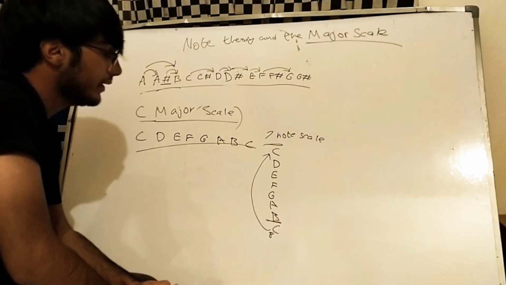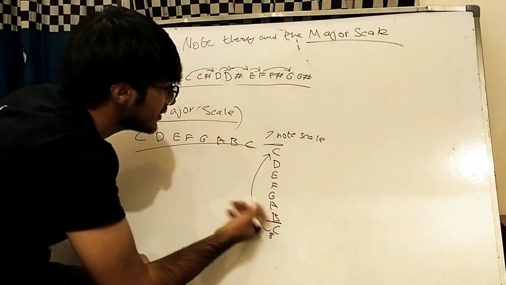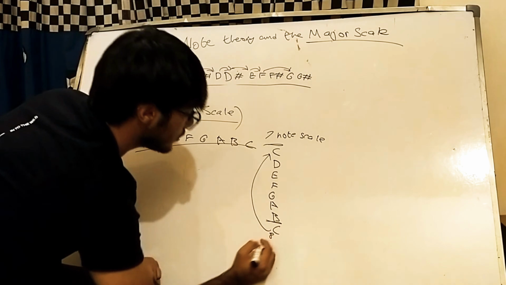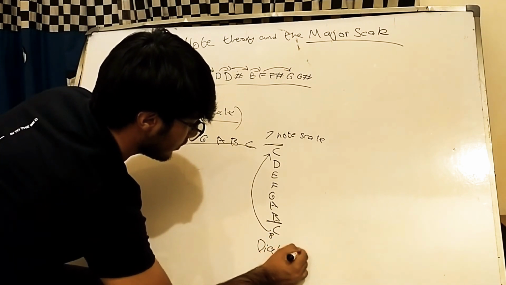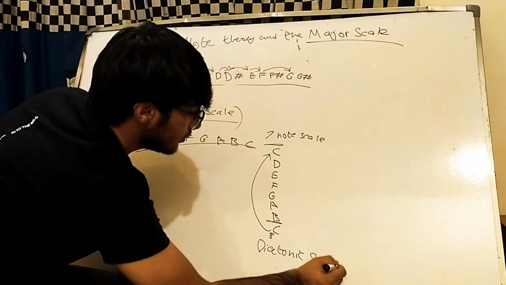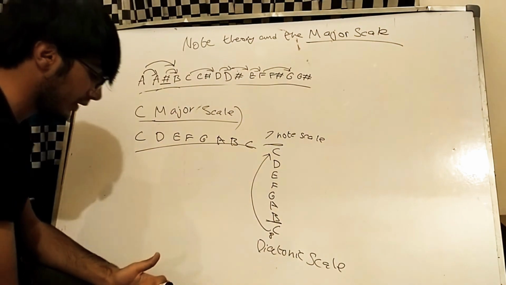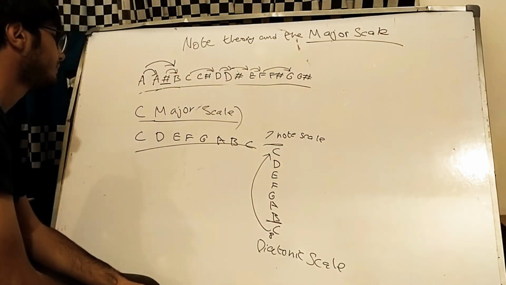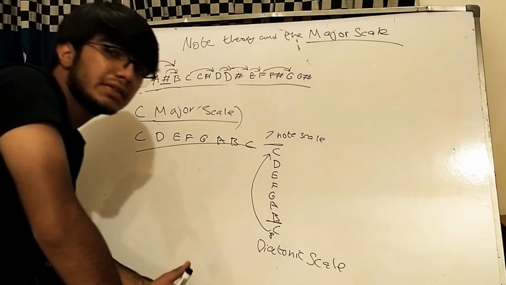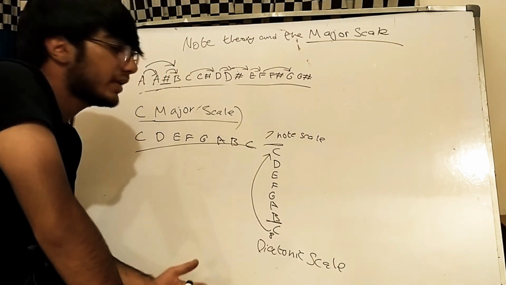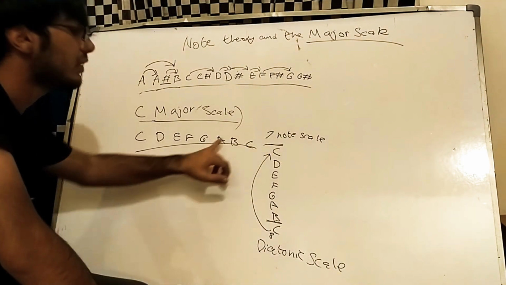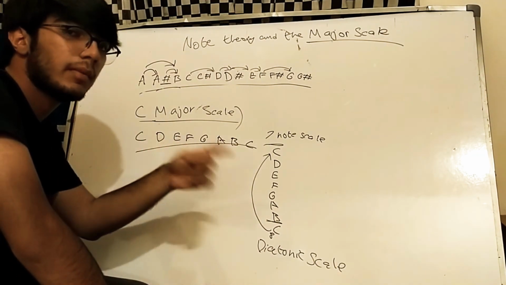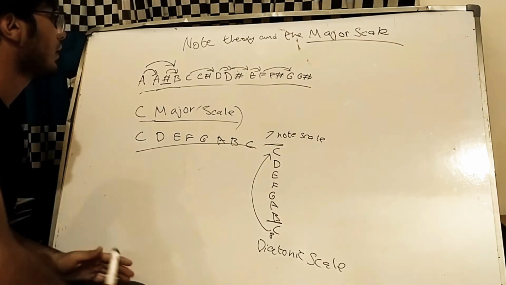So the C major scale, or any major scale, is also called a diatonic scale. You don't need to remember these names, but it's good to know what these things are. So every major scale is made up of 7 unique notes, C, D, E, F, G, A, B, and C now is the same as the first note again.